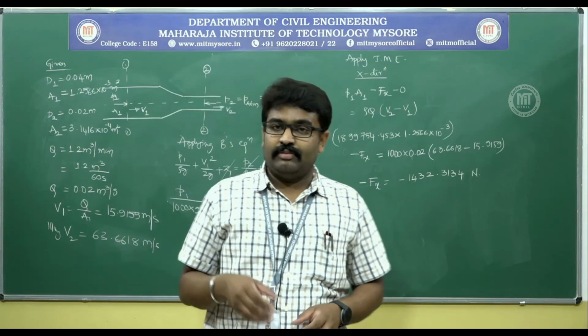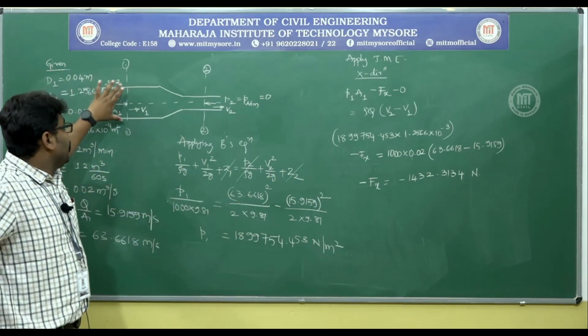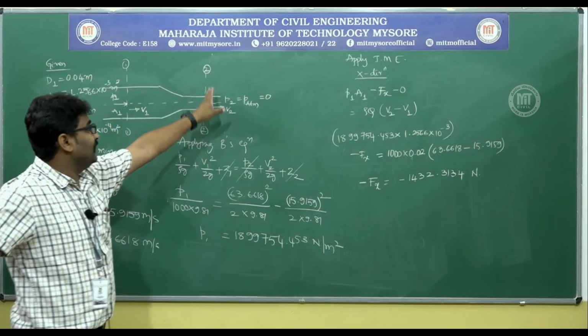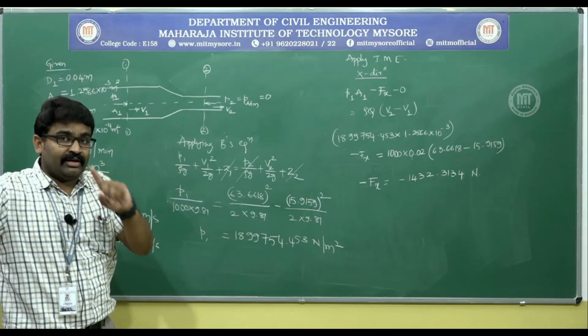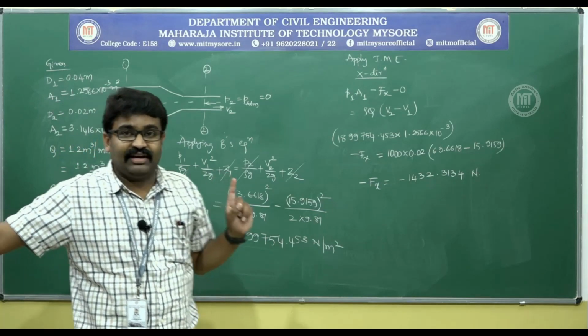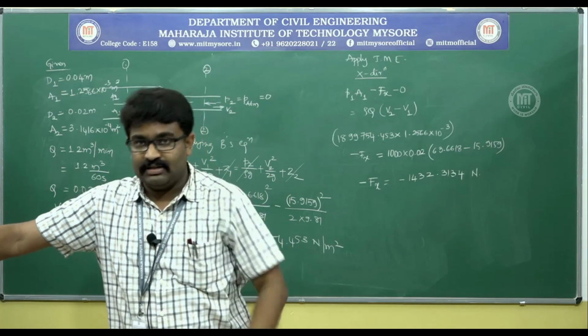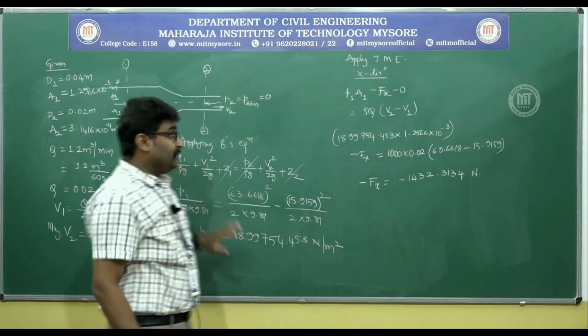Now how do you solve these problems? I will give you a few hints. It is very similar to this problem. Assume that this is 1 meter section and there is a gradual transition and later it is 0.7 meter section. You have to be very careful. It is not the nozzle fitted here. That means section 2 is not open to atmosphere. That means this also is a part of continuous pipe.